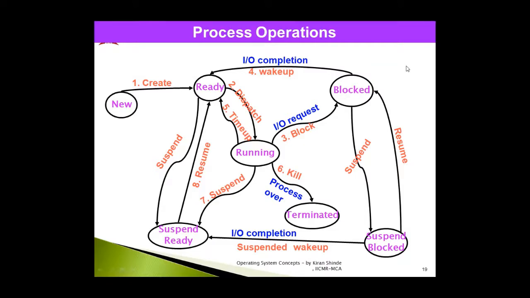After that, you can see serial number 4, that is wake up. It means after the completion of that particular IO request, the system has to resume its operation by again getting allotted into the ready queue, waiting for the CPU. So with the wake up operation, the process completes its IO request, and then it will be assigned to the ready queue again. Obviously here the state of the process will change from blocked to ready.